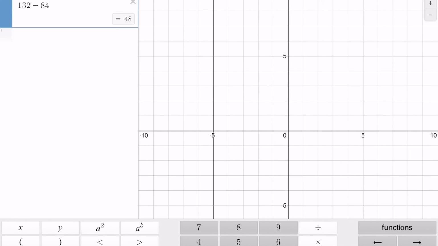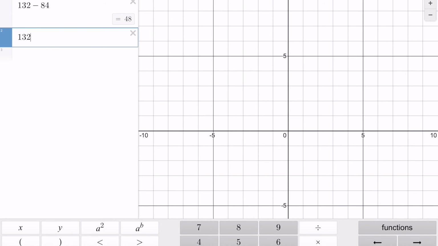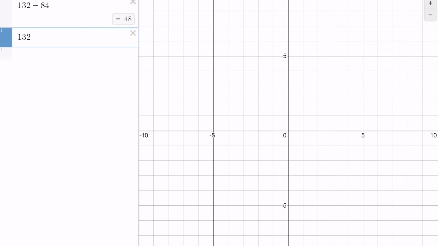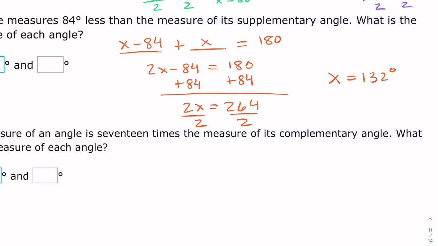So 132 is one of the angles, and the other one is 84 less than that, so it's 48. If I add that angle to it, I get 180. So here are your two angles, 132 and 48. They have a difference of 84 because one is 84 less, but they add up to 180. So 132 and 48.